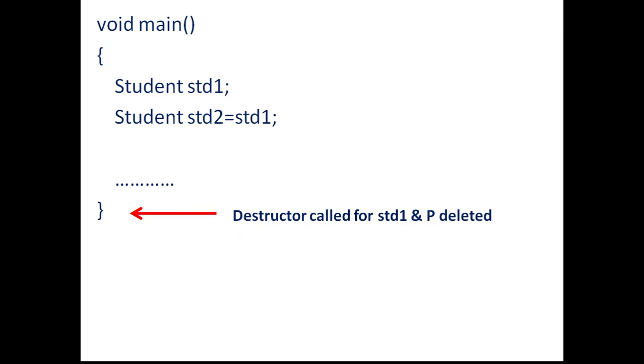So even though p has already been deleted, you are attempting to delete p once again, which is an invalid statement. It is like a person who has already died getting killed again. That is meaningless, right? In the same way, the object is already destroyed, but it is once again attempted to be destroyed by the destructor call for std1.